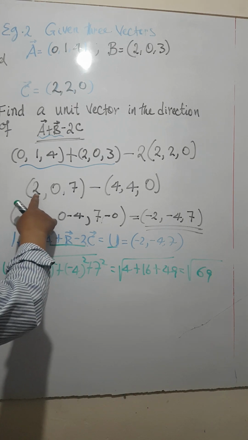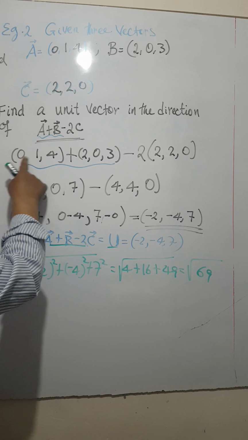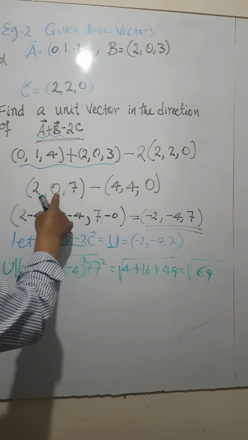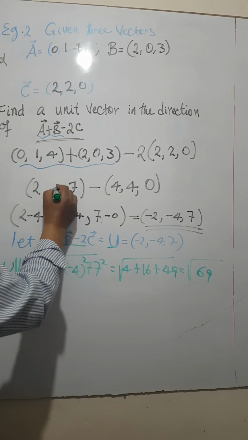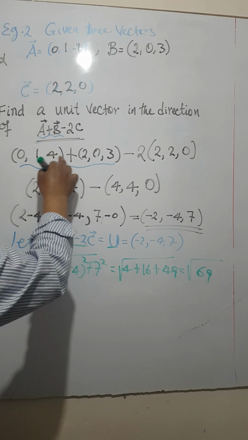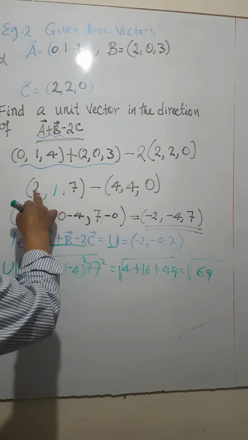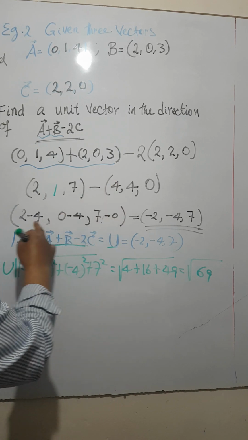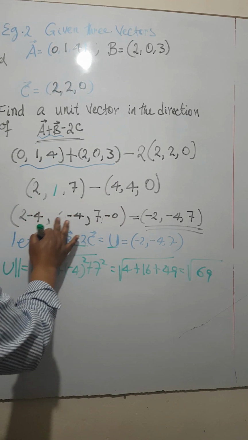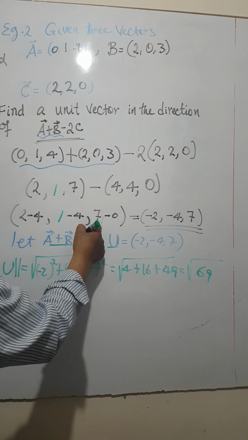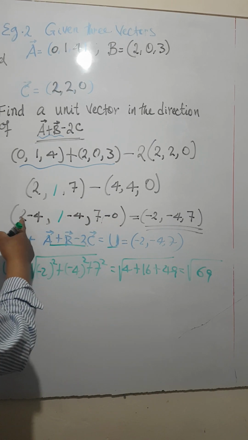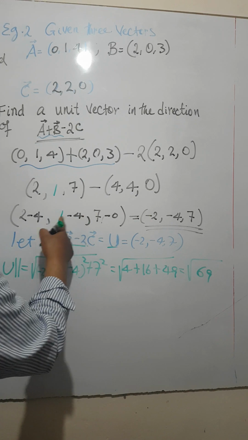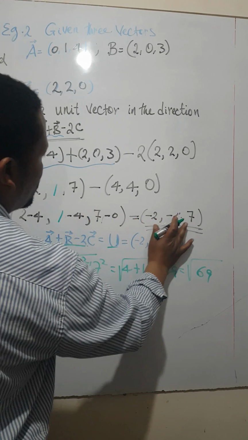Let's see. The sum is 1. Sorry, this is 1. The sum is 7. So 2 minus 4 is negative 2. 1 minus 4 is negative 3.